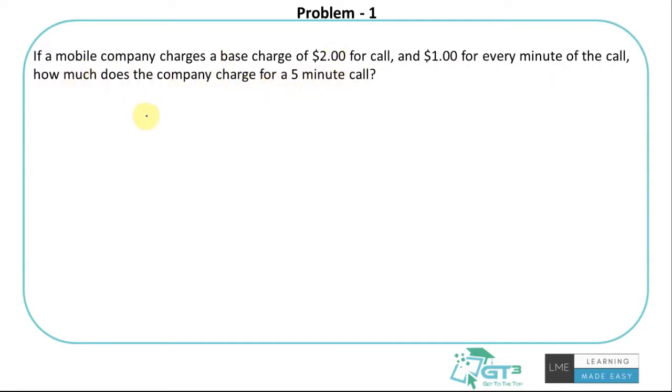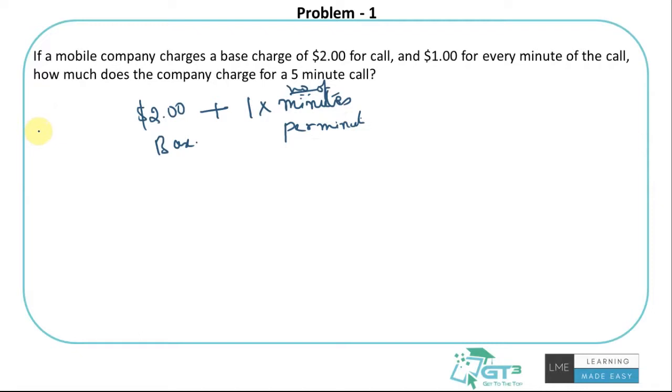So if I make a call, I have to pay $2 irrespective of how long I talk, right? That's like my base charge. Then, plus, I need to pay $1 for every minute that I talk. So it should be the number of minutes multiplied by 1. If I talk for 2 minutes, I pay $2, $1 for each minute. That is plus the base.